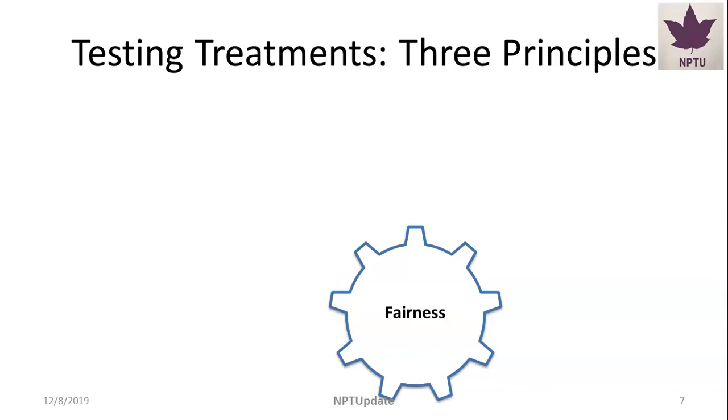Fairness as a concept is something we are all very familiar with. Every one of us at some point of time, or as many times as possible, has raised the question that it's not fair, right? Being fair means equality, people being treated equally.